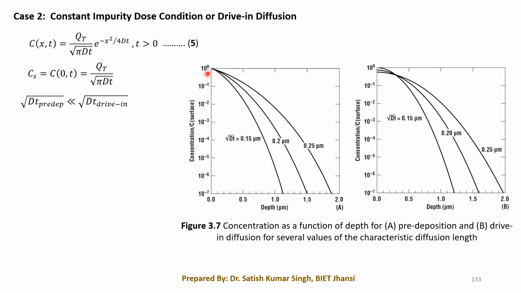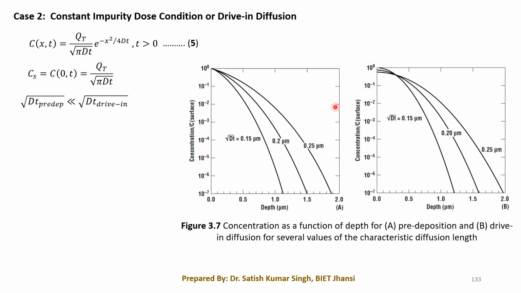The impurity atoms are already available in the ambient, so whenever they diffuse, the supply is maintained. Whatever impurities diffuse into the material, the surface concentration does not reduce, because more atoms come from the ambient; the supply is always on.